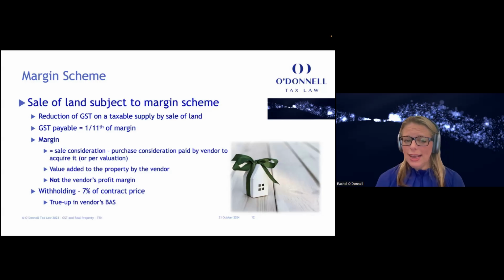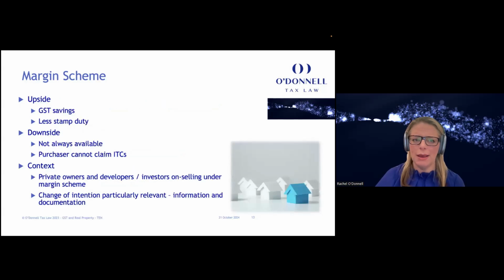Where withholding applies, the withholding, as we've already noted, is 7% of the contract price, and there's a true up in the vendor's next BAS, which we'll get to in an example because it's a bit easier to see that way. The upside of applying the margin scheme is there's a GST saving, there's less GST payable from the sale price, and therefore less stamp duty, as we've noted before, with things like GST-free treatment as well.